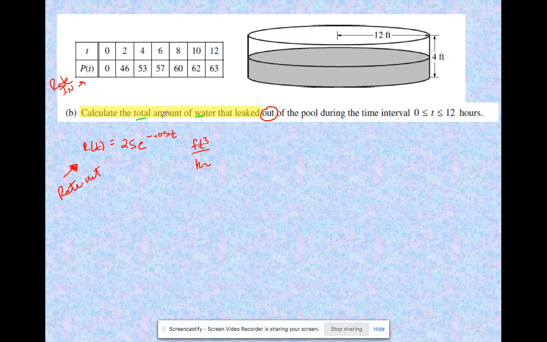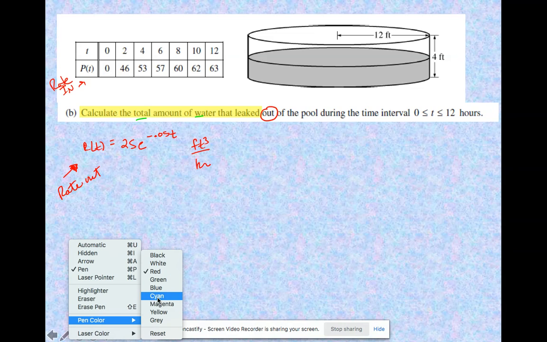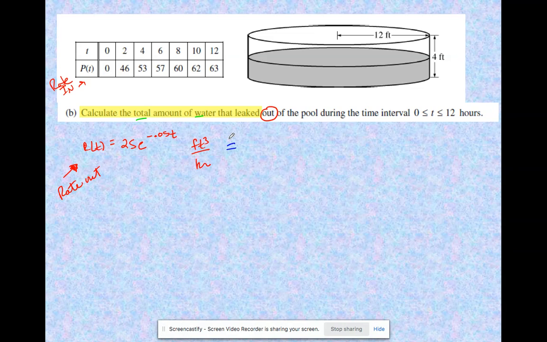I want to know the total amount of water. I don't want to know the rate. How do I go from cubic feet per hour to just cubic feet? Integrate. They want 0 to 12 hours. I'm going to integrate R of t dt.